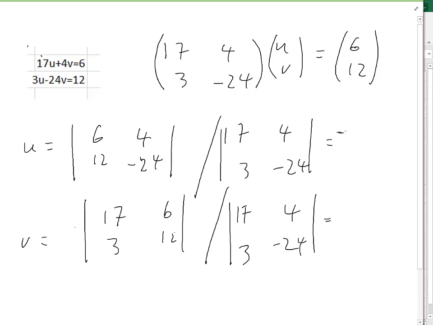So the calculator gives minus 192 over minus 420, I think, and positive 186 over 420. No, negative. Yeah, over negative. Okay. So this is 192 over 420.